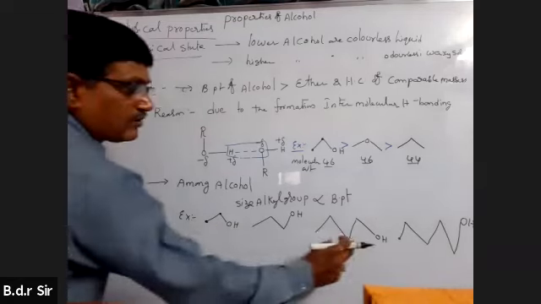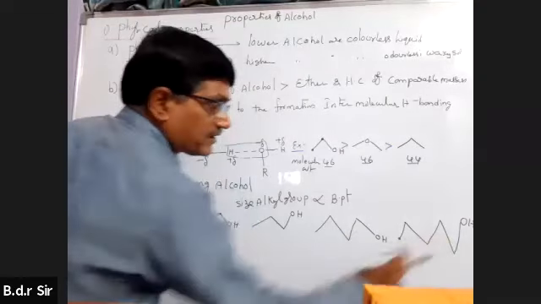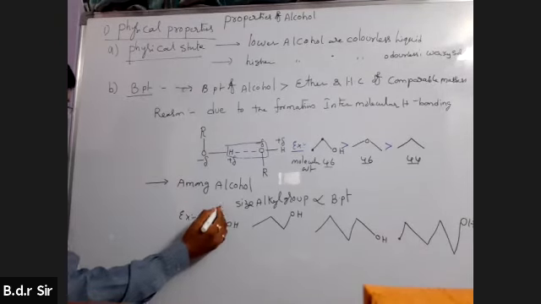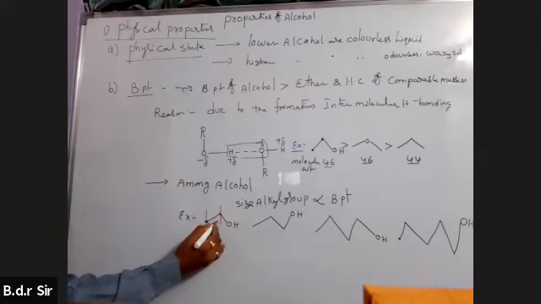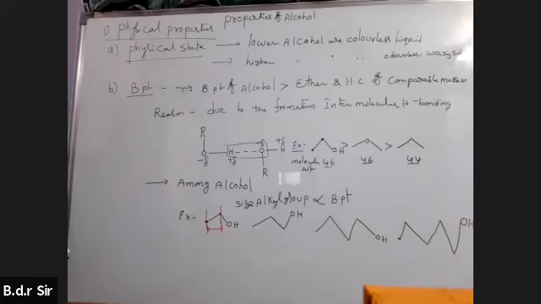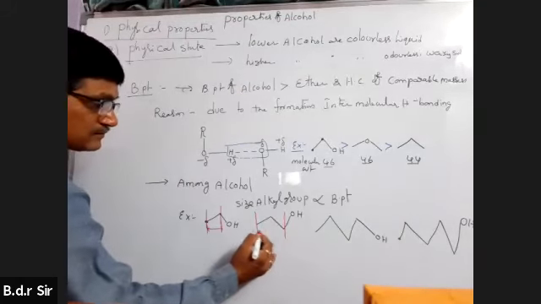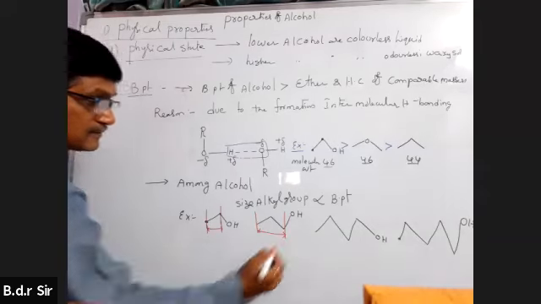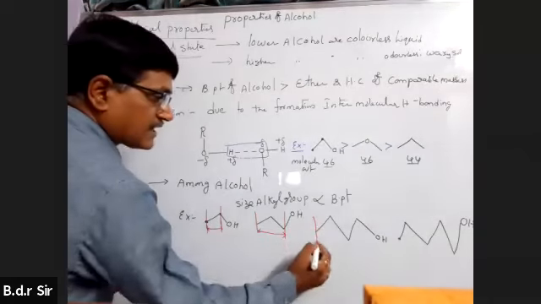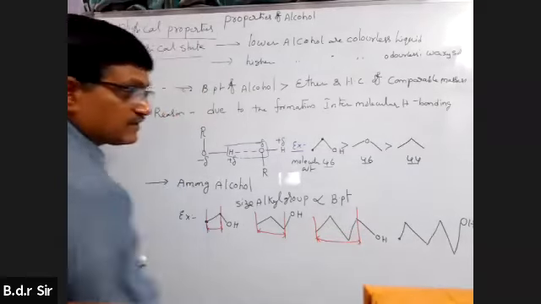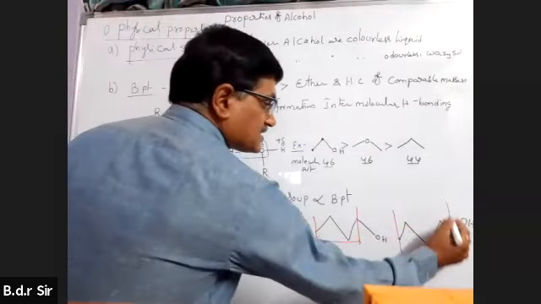Ethanol, propanol, butanol, pentanol. Observe size of alkyl group. This is the size of alkyl group. Here, another size of alkyl group. Finally, this is the size of alkyl group.